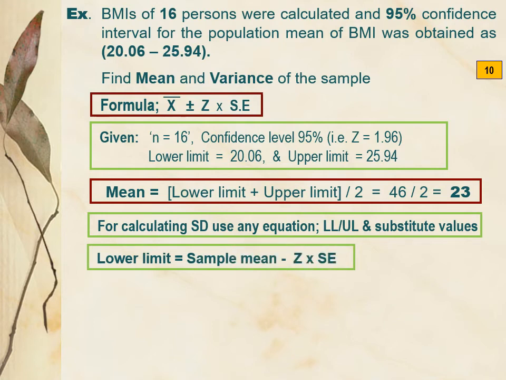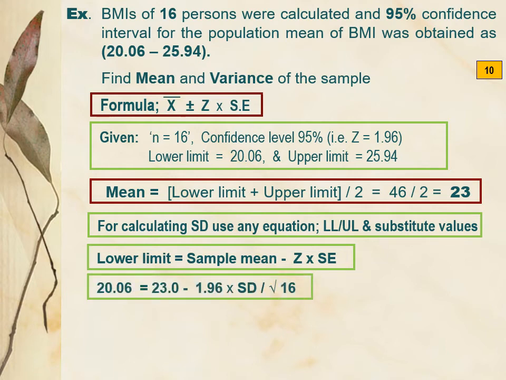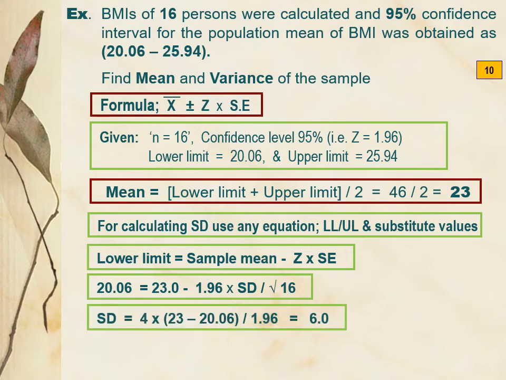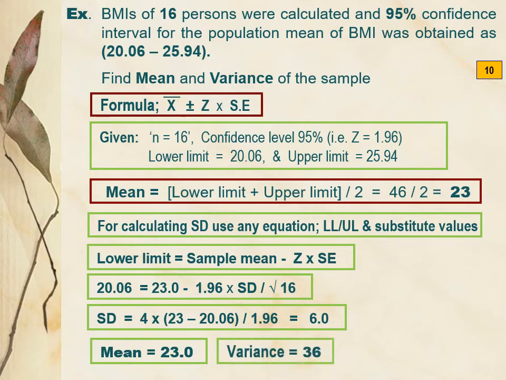Substitute the mean you have calculated, Z you know, SE is SD over under root n, n is given to you as 16. When you solve it, you will get SD is equal to 6. And therefore, the variance will be the square of SD, that is 36. Very simple.